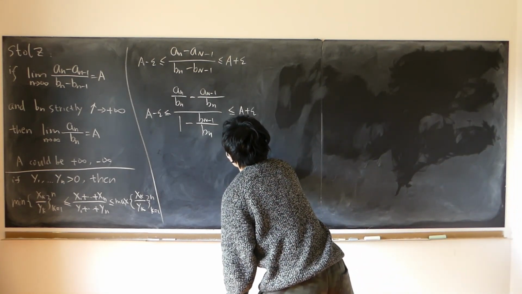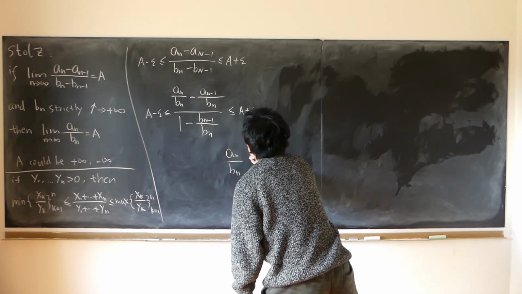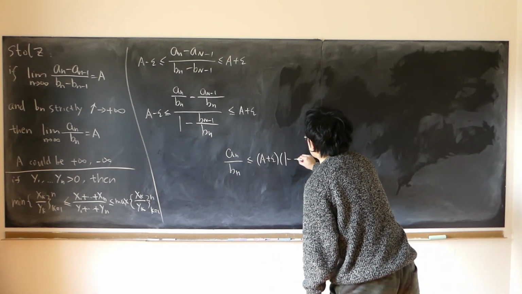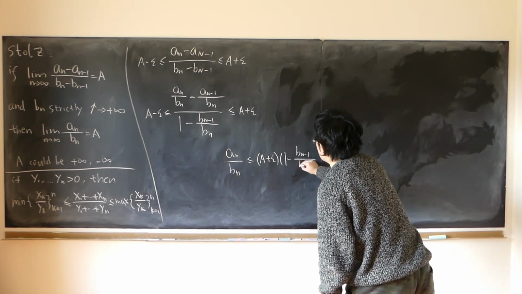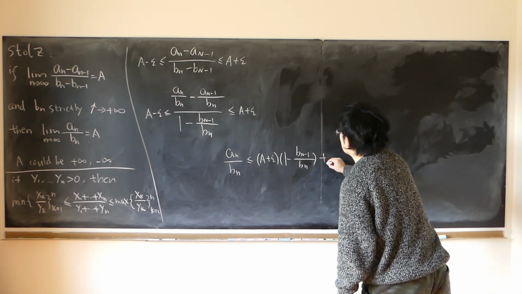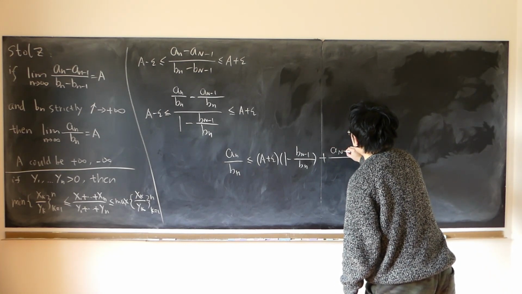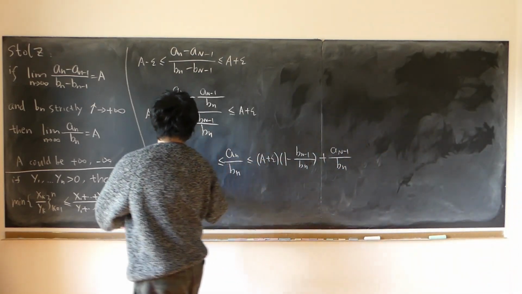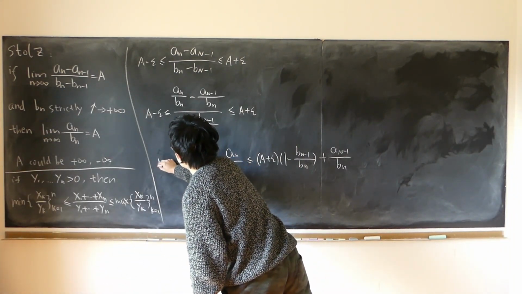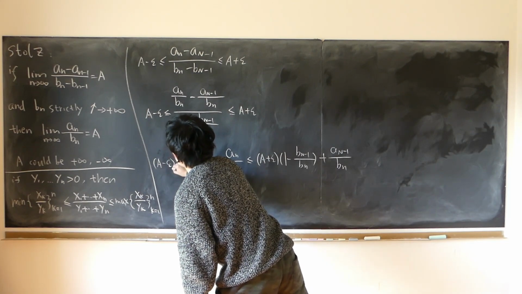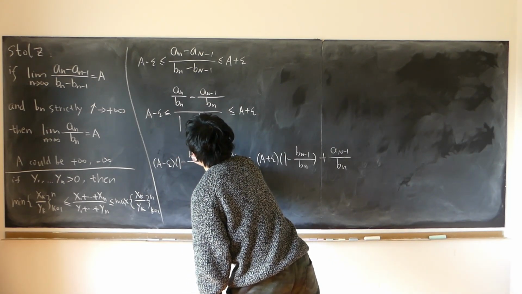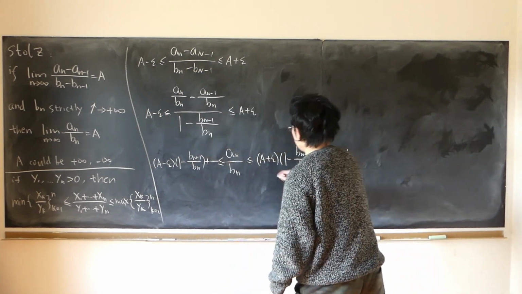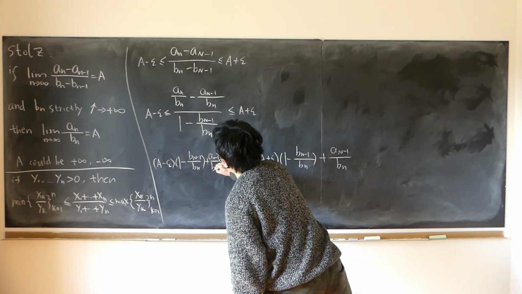We have an over bn is less than or equal to a plus epsilon times 1 minus bn minus 1 over bn, plus an minus 1 over bn, and larger than or equal to a minus epsilon times 1 minus bn minus 1 over bn, plus an minus 1 over bn.